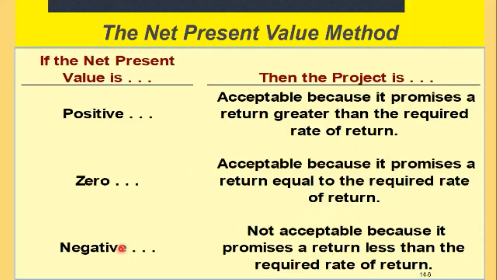Negative, then not acceptable because it promises a return less than your required rate of return. This required rate of return is most likely, in most cases, the rate of interest that you have to pay on money that you borrow to put into the project.